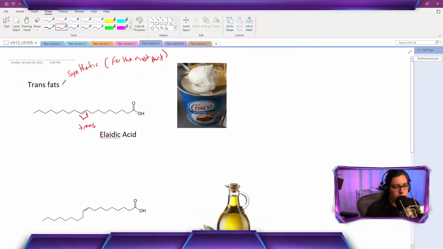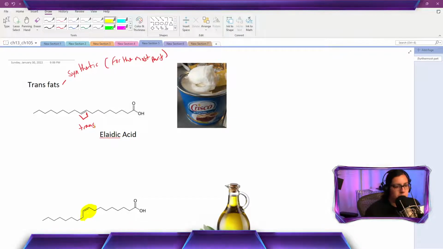So remember we had said that naturally, usually we get this cis, as in our oleic acid from our olive oil. And so this is why people are particularly concerned with trans fats, and some people believe trans fats are the worst of the worst.